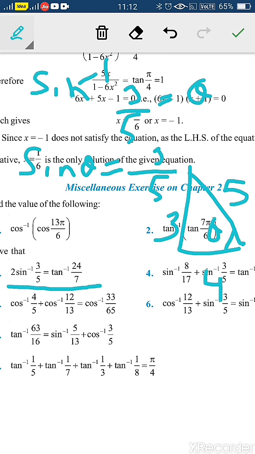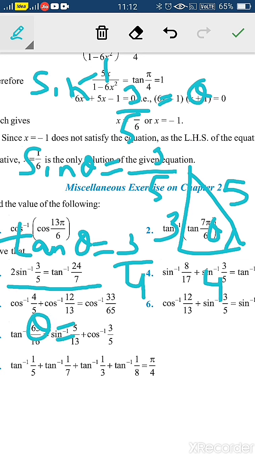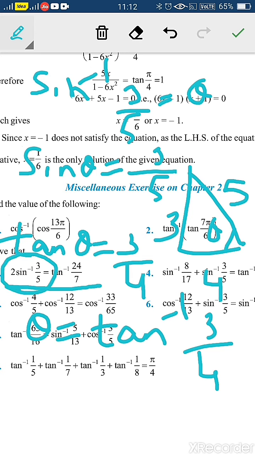Now convert this to tan theta. So what is tan theta now? Tan theta is perpendicular upon base, that is equal to 3 by 4. So what is theta? Theta is equal to tan inverse 3 by 4, right? So you got tan inverse 3 by 4. Right, now what is our question? 2 sine inverse 3 by 5.